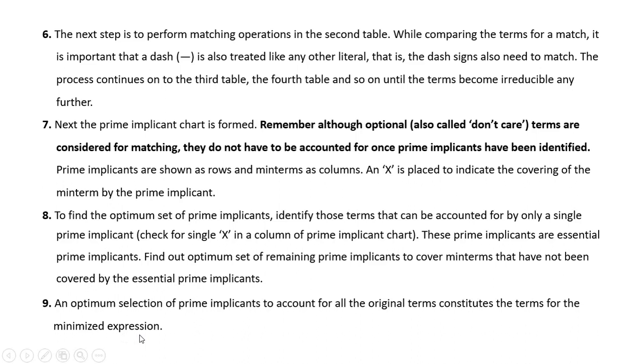So the minimized expression will contain all the essential prime implicants plus the remaining prime implicants which cover the minterms not covered by the essential ones. This way you can use the tabular method for the simplification of a specific Boolean expression. This method is used whenever there are more than 5 variables.